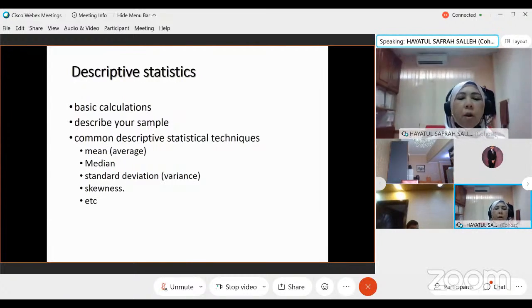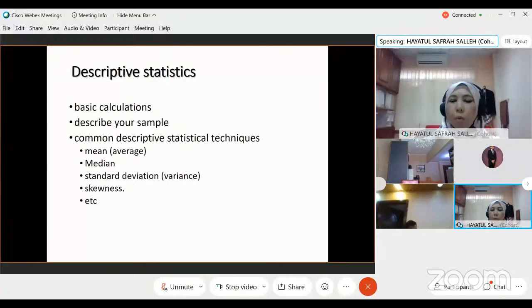A common descriptive statistic technique, for example, is the mean or average. We can also use descriptive statistics if you want to know the level of perception among students, for example, or the level of awareness of the respondents towards healthy eating.